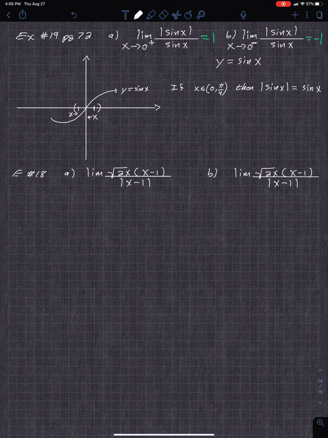All right, so this is x approaches 1 on the right, and x approaches 1 on the left. Try that one. So pause it and try it.